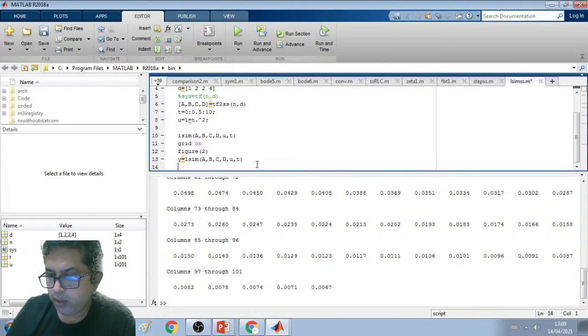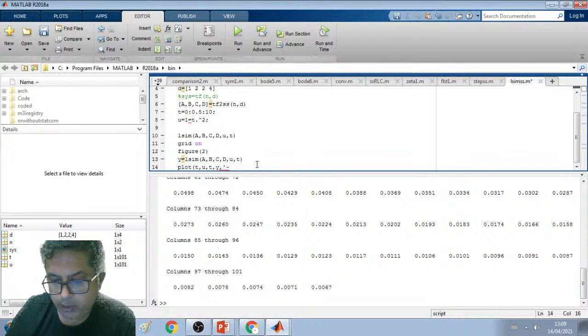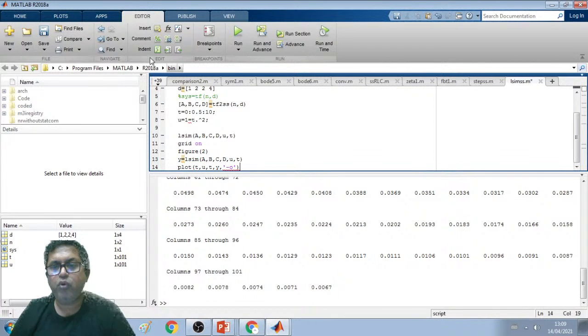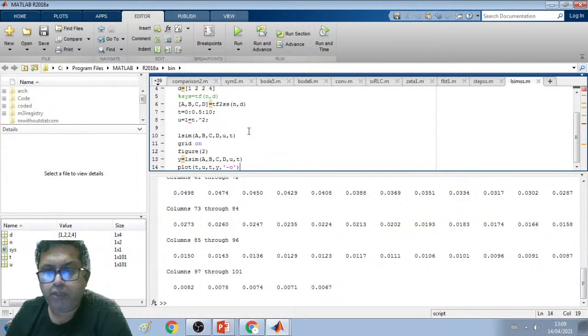Okay, plot t comma u comma t comma y comma quote dash o quote close, like this. So I will save this one and I will run this.